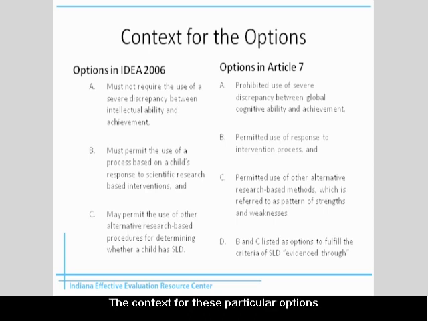The context for these particular options in Article 7 really comes from the options that were included in IDEA 2006. That legislation allowed states multiple options related to SLD identification.